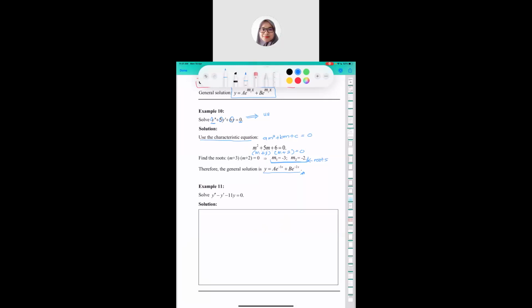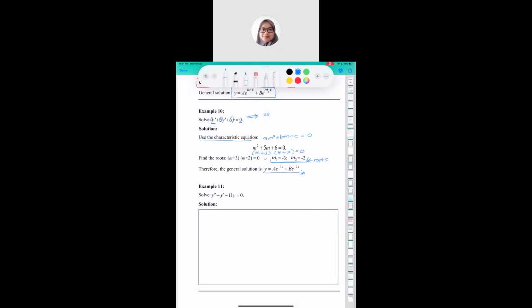Guna mod equation, tekan 1 and then nanti you pilih degree 2. Jangan ambil unknown. Ambil degree 2. Masukkan a equal to 1, b equal to negative 1, c equal to negative 11. So here I have the roots.